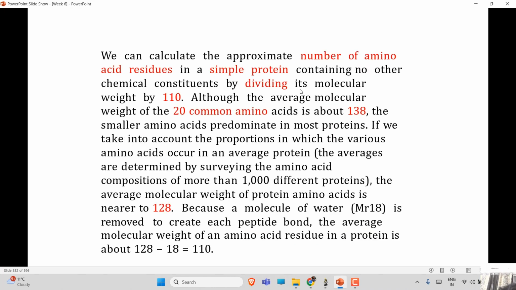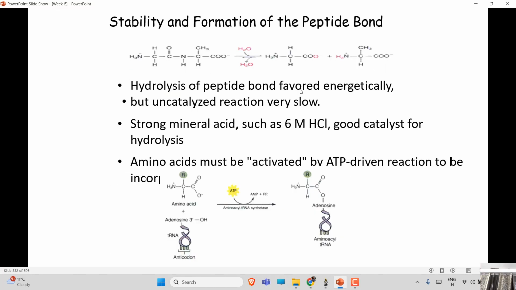So we can calculate the approximate number of amino acid residues in a single protein related to the mass. Now, if we talk about the stability and formation of peptide bonds, hydrolysis of the peptide bond is energetically favorable, but an uncatalyzed reaction is very slow. Strong mineral acids such as 6 molar HCl are used for hydrolysis, and amino acids must be activated by an ATP-driven reaction to be incorporated.